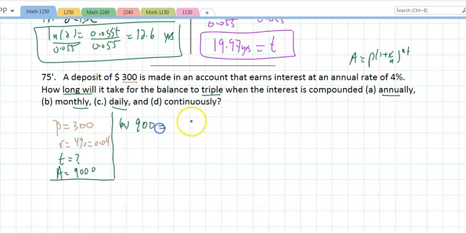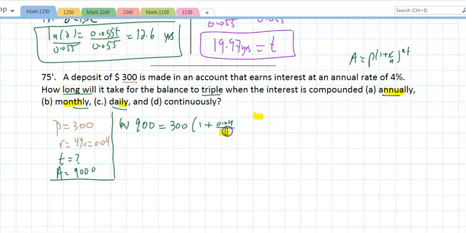And this is how we figure out investments, retirement, all of these things. 1 plus r. In this case, r we know. r is 0.04. The only thing that's going to change between those problems is yearly, monthly, daily.